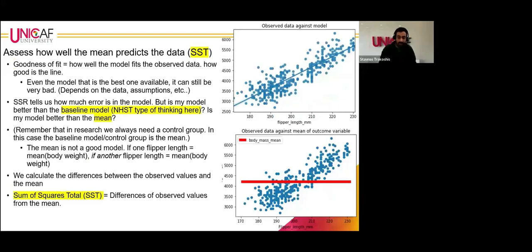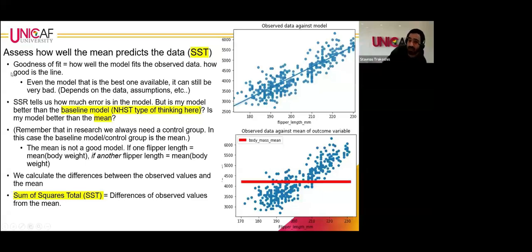But in the spirit of null hypothesis significance testing, I need to compare this number with some baseline. I need to have, if I am allowed to use this word, a null model to compare to the line.